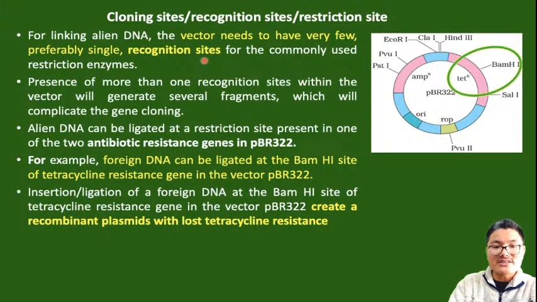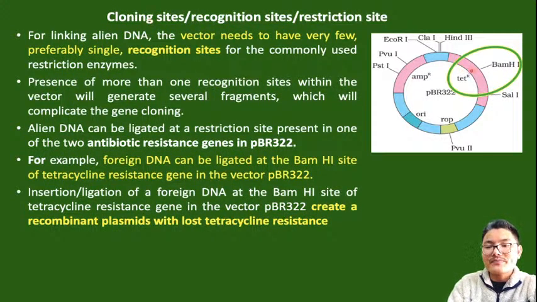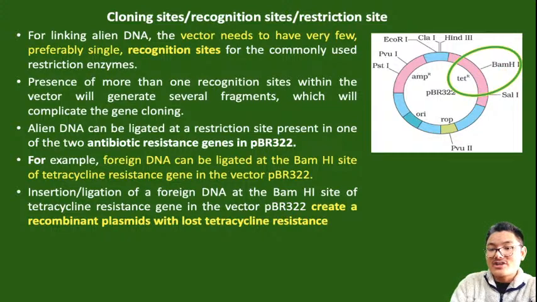You have to understand what is meant by a cloning site. A cloning site is the region where we cut pBR322 with a restriction enzyme so that we can clone the gene of interest, the desired DNA, at this position. Recognition sites, because of restriction enzymes, have their cutting region at this position; the restriction sites will cut at this position only.